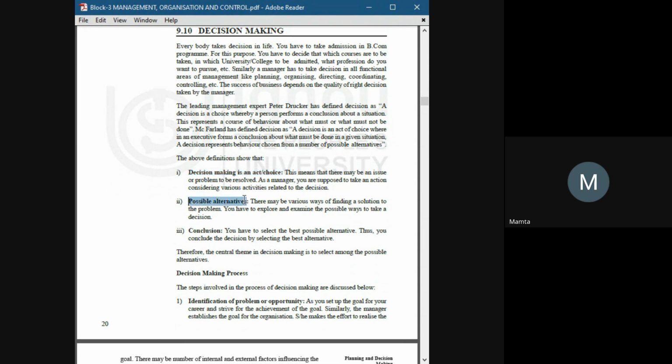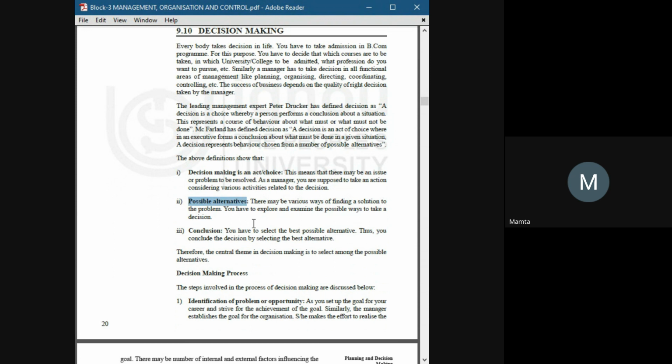Possible alternatives: there may be various ways of finding a solution to the problem. You have to explore and examine the possible ways to take a decision. If two employees are fighting in your organization, you have many options to choose.